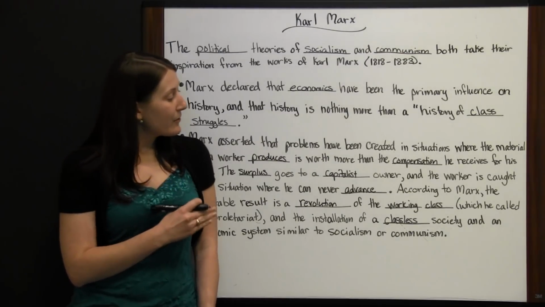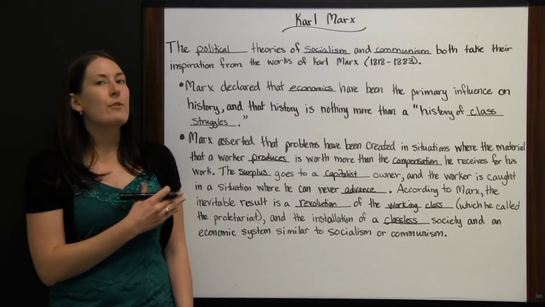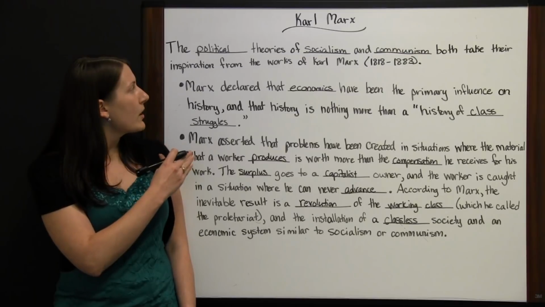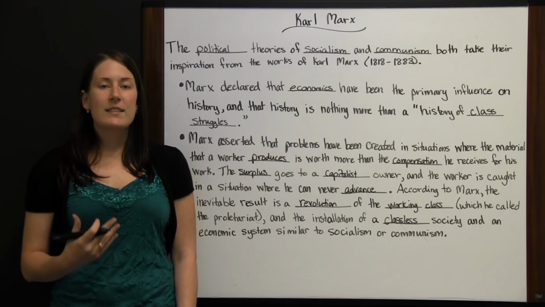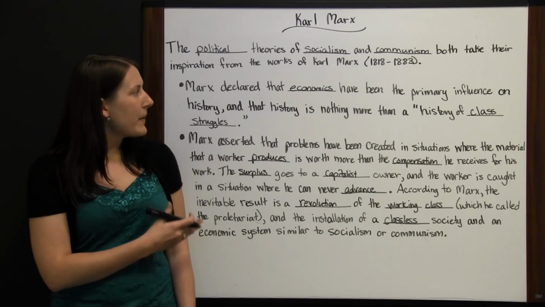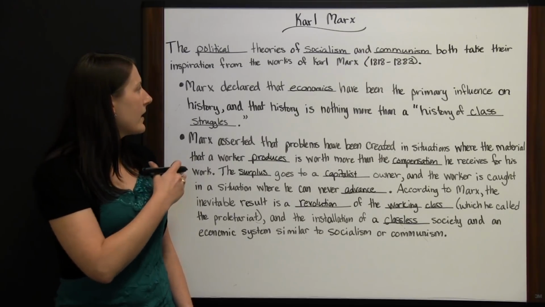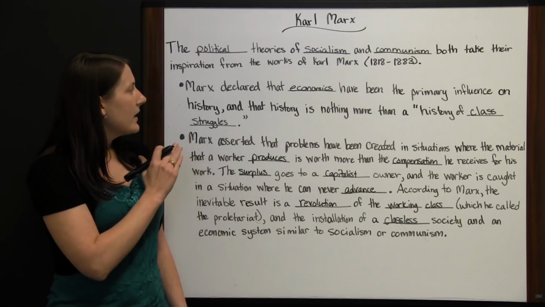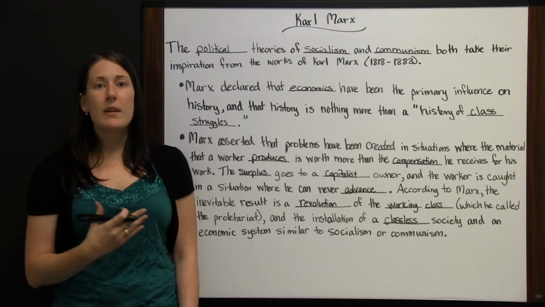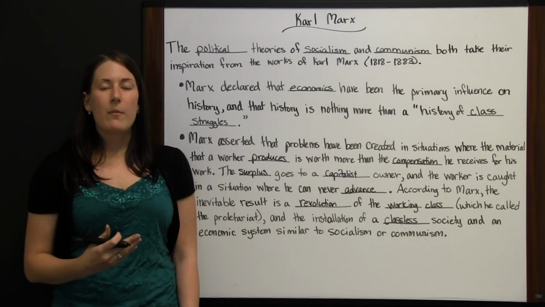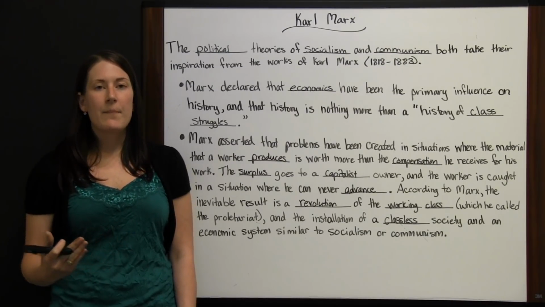So both socialism and communism have their roots in Karl Marx's writings, his thoughts, and these were based on Marx's theories about economics and how they were the primary influence on history.